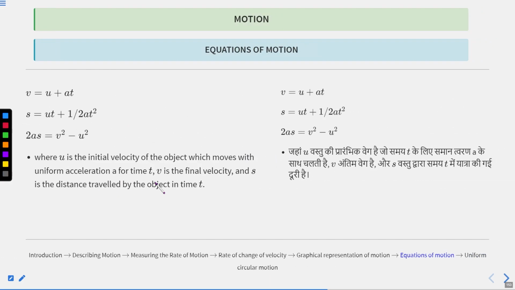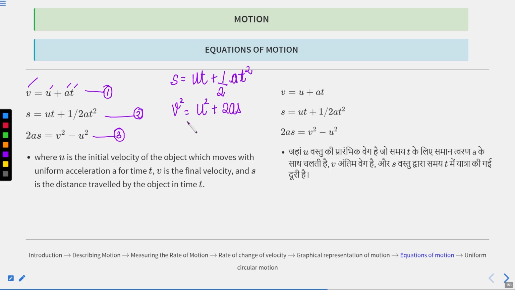These are the three equations: the first, second, and third equations of motion. The first equation relates initial velocity, final velocity, acceleration, and time: V equals U plus AT. The second equation is S equals UT plus half AT squared. And the third equation is V squared equals U squared plus 2AS.